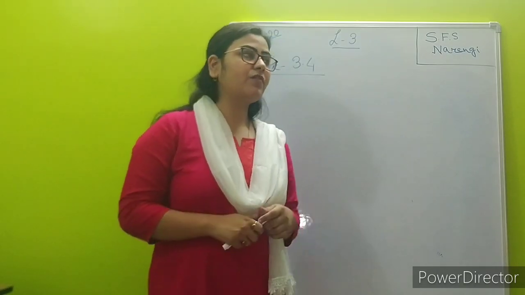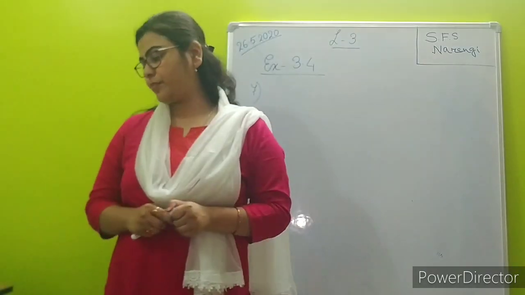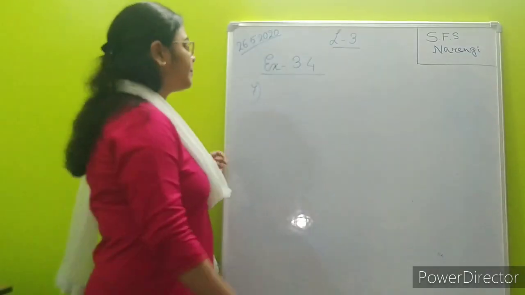So, in this case, what are we having? A number is divisible by 12. So, what are we going to write?